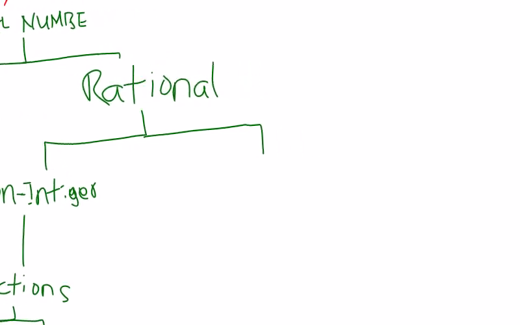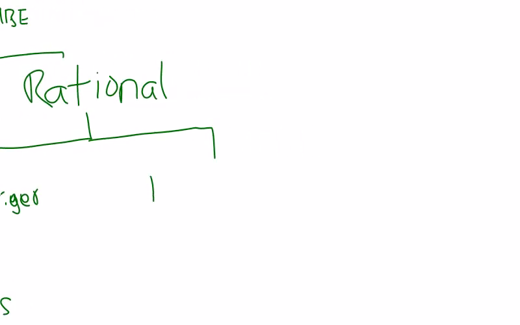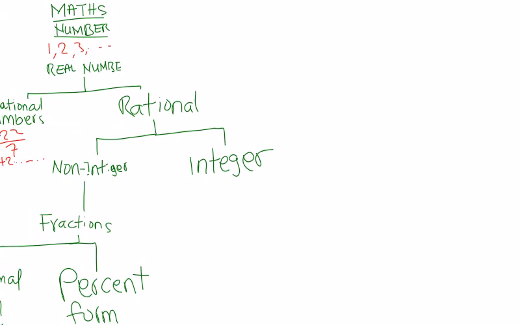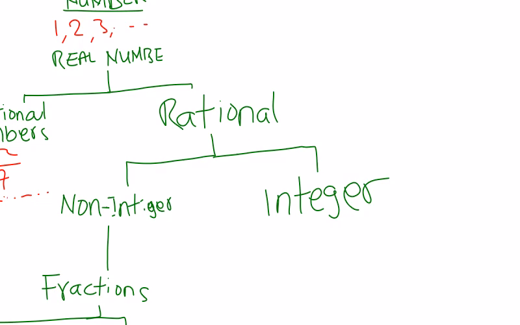We have non-integers already, so the next is integers. What is an integer? It is a whole number. Non-integers are not whole numbers, while integers mean whole numbers.